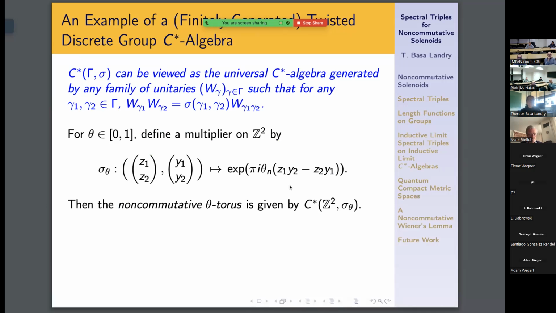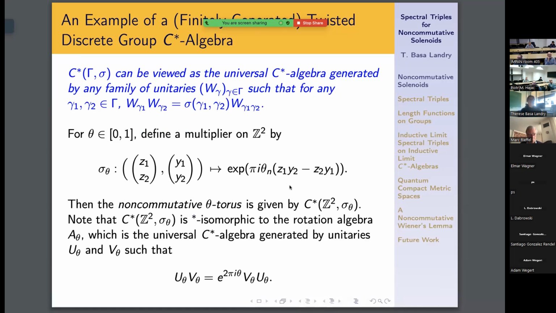This is one way to define the non-commutative torus as a twisted group C-star algebra. Because Z^2 is finitely generated, the underlying group is finitely generated. And this is star isomorphic to the rotation algebra, which is the universal C-star algebra generated by 2 unitaries, again subject to this commutation relation.